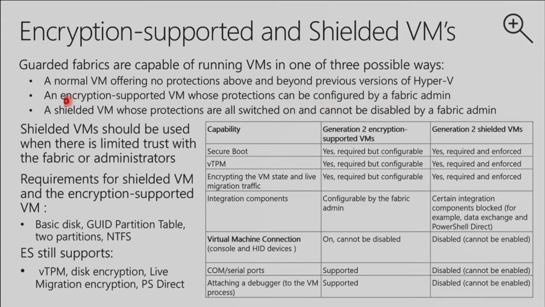Because you can run in a guarded fabric environment basically a normal machine, not protected, not encrypted. There is no protection of access between the host machine and the virtual machine, right? Which is a normal environment in most situations. But we have two additional features: encryption supported virtual machine, and another one, shielded VM.